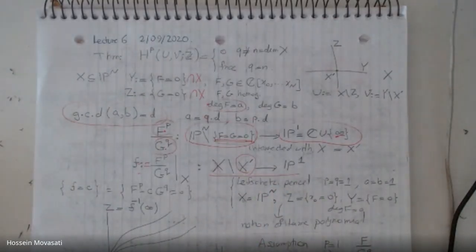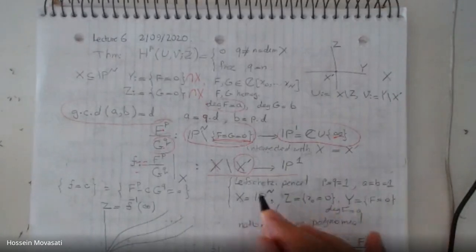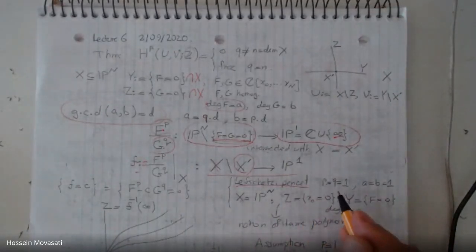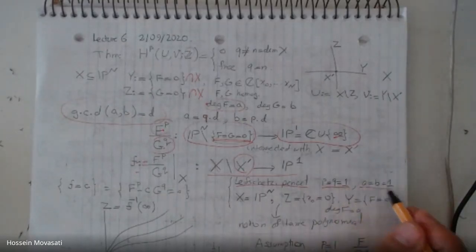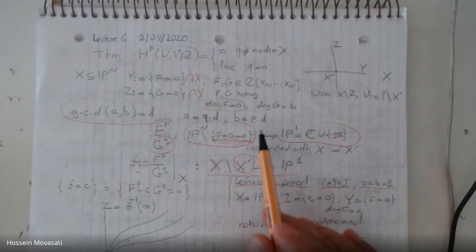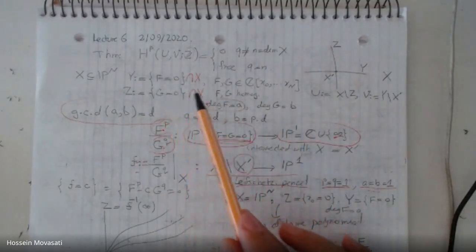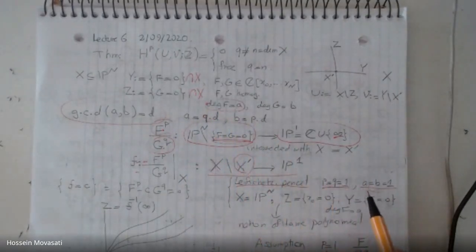And okay, two examples of this situation are useful to carry in mind. The first one is the Lefschetz pencil case, in which we take p, q equal to 1 and a and b equal to 1, which means that in this case f and g are just linear polynomials. So this corresponds to the classical hyperplane section.